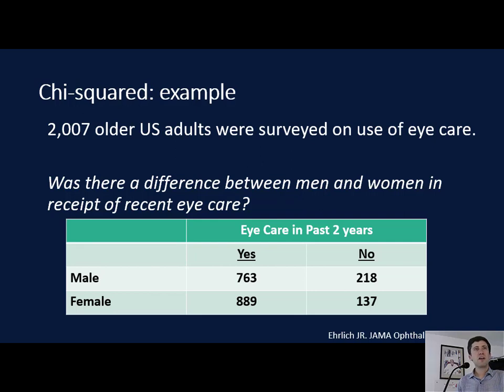Yeah. Correct. Correct. And the value is a count, right? It's the number of individuals that meet those two criteria, male and got eye care, female and did not get eye care, right? And so the count is that number.